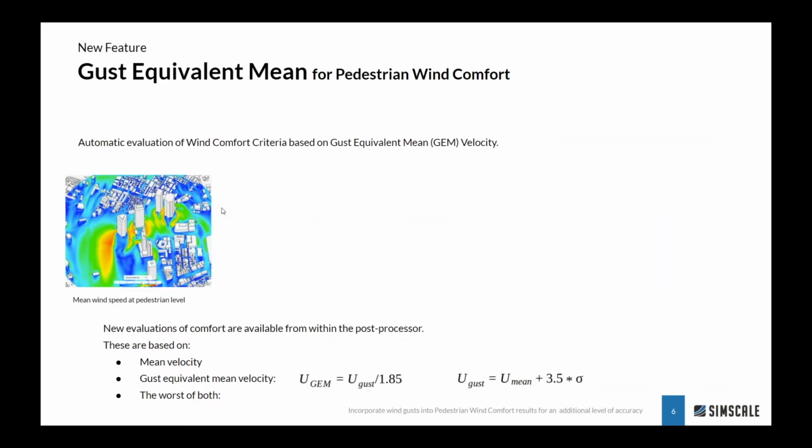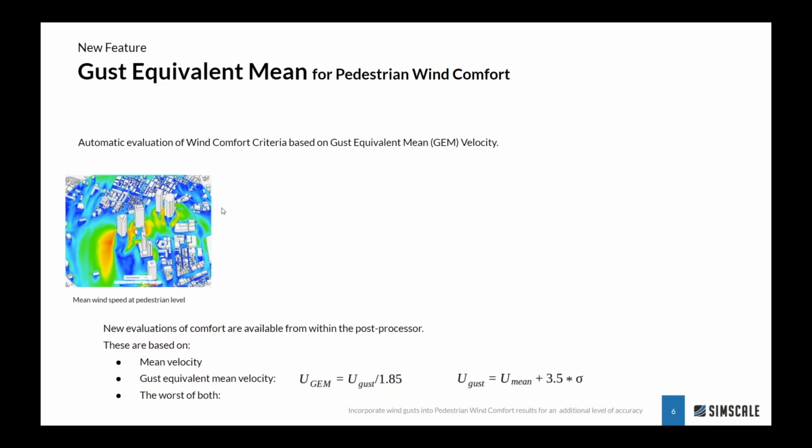Then another feature which we have been requested to add since quite some time was the ability to not only evaluate wind comfort based on the mean wind velocity, but also taking into account turbulence effects, so the gust wind speed as well.